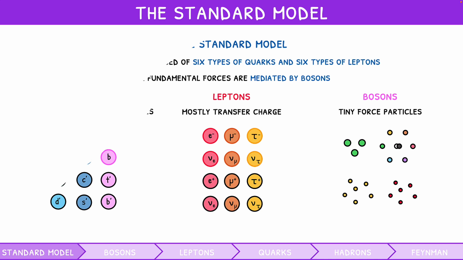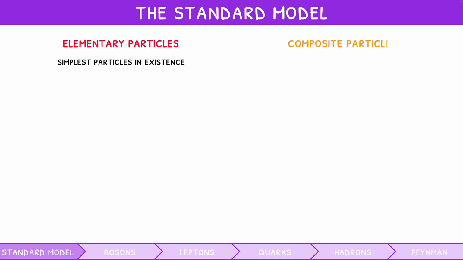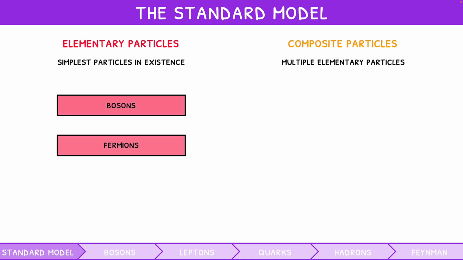The Standard Model divides matter into 2 categories: elementary particles, the simplest particles in existence, and composite particles, particles composed of multiple elementary particles. Let's start with elementary particles. These are commonly categorized as either bosons or fermions. Note, fermions are further subdivided into leptons and quarks.